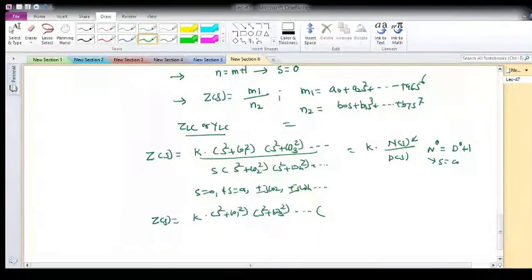Here the degree of the numerator is greater by 1 than the degree of the denominator.